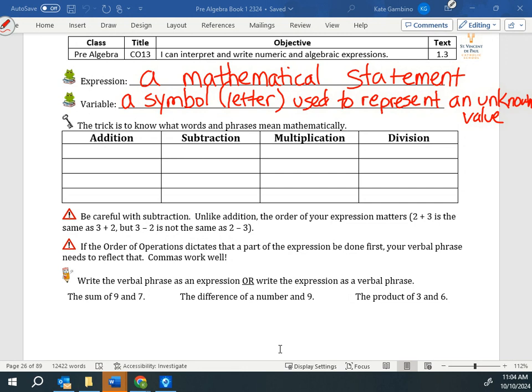So, words that mean addition. Can anybody think of what? Sum. Find the sum of these two numbers. We know we're going to be adding. What's another term that means addition? Alan? Plus. Anybody think of another one? Vivi? Add. Kind of in the name. It's implied.